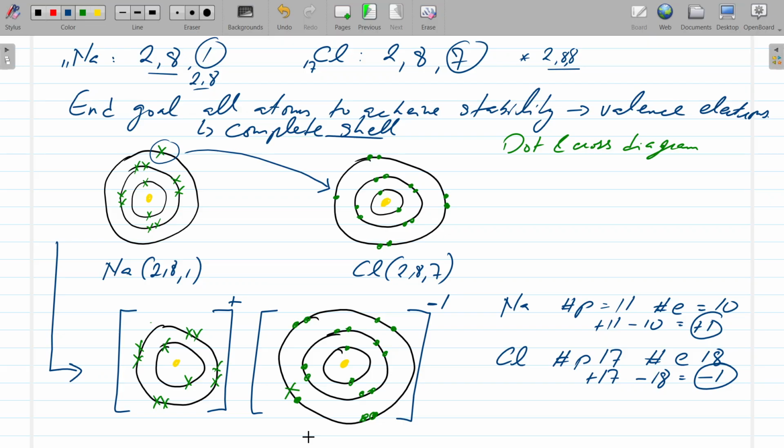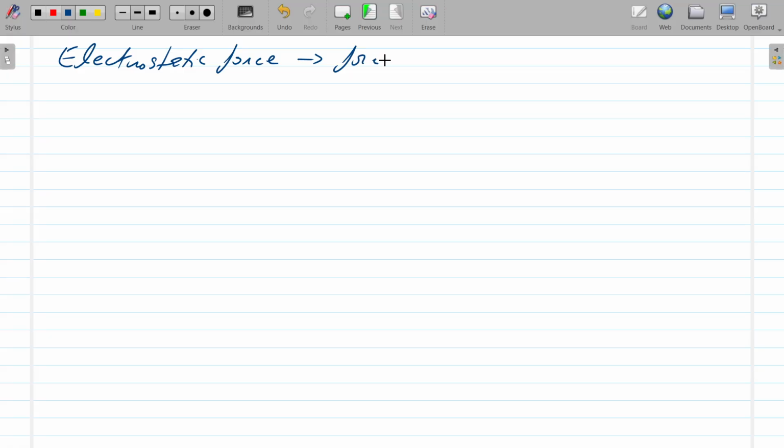And that you have now NaCl, which is now ionically bonded. And what's keeping them together in ionic bonding? Remember in physics, when we were talking about forces, we mentioned electrostatic forces. It was just a mention. So that is the force of attraction or repulsion between electric charges.